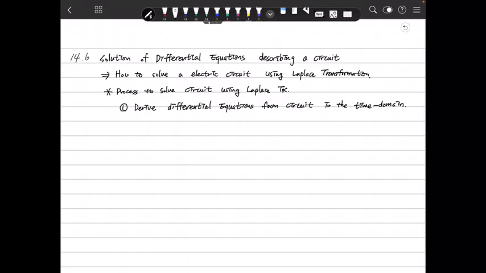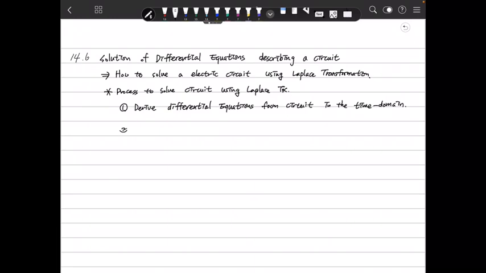So process 1 is common, because the Laplace transform is a tool to solve the differential equations very simply. So at first, to analyze the electric circuit, we need to make a time domain differential equation.